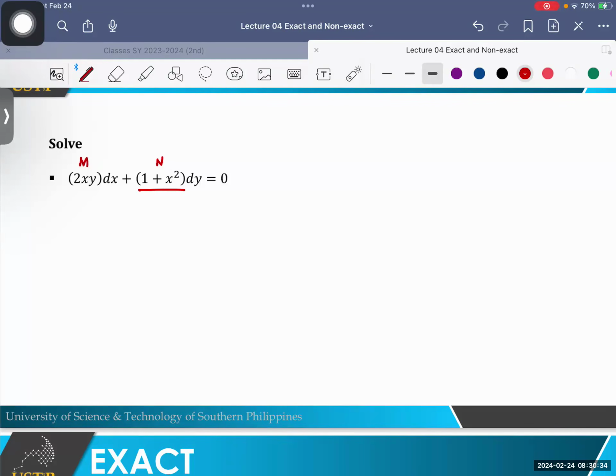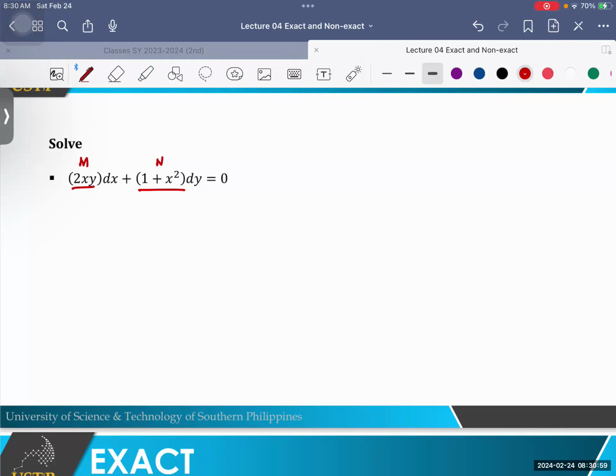Because this is purely a function of x, and this is a product of x and y nga function. So it's very easy to separate the variables. Okay? So, i-check na lang ninyo later if you use the variable separable method, pareha ba ang mogawas nga solution? And dapat pareha ang mogawas nga solution. Okay? Because either way, dapat isa ra man ang solution sa atong differential equation.